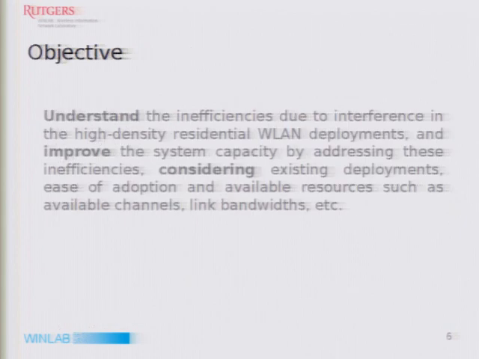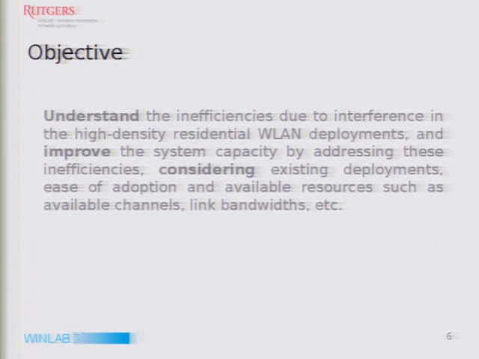So with that, I just wanted to put this objective, and I'll come back and reuse it for some other stuff also. We wanted to understand the inefficiencies due to interference in this high-density residential setting, and we want to improve the system capacity by addressing these inefficiencies. And we want to do this by considering the existing deployments and ease of adoption for the solutions that we will propose.